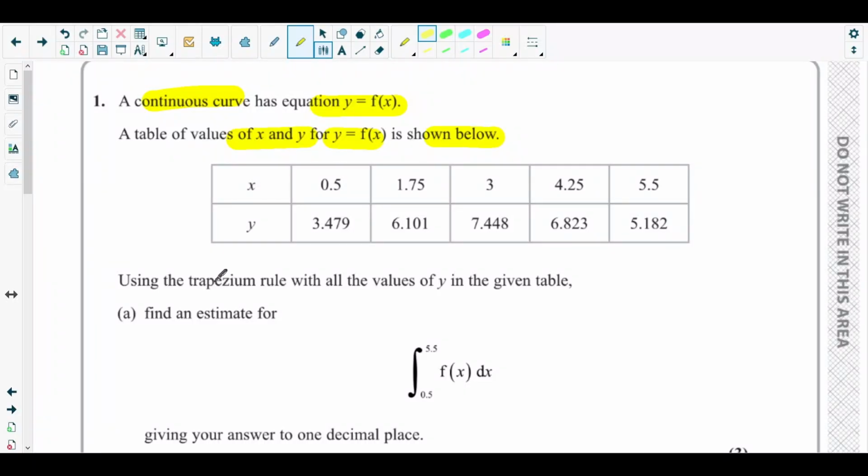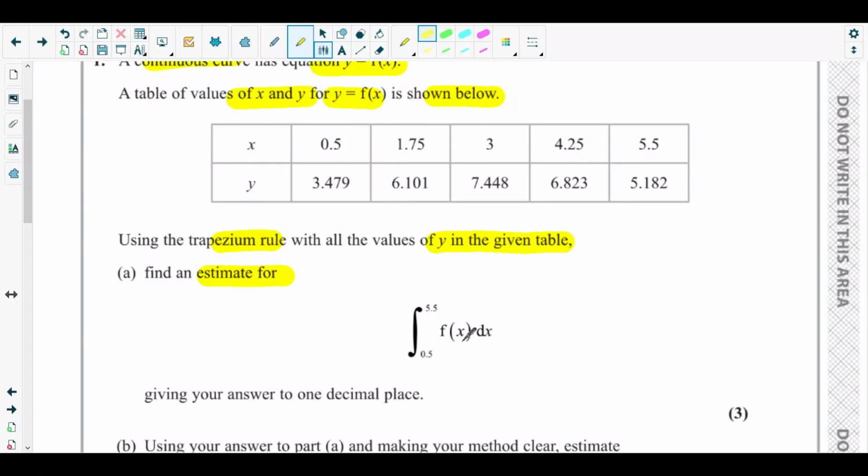Using the Trapezium rule with all the values of y in the given table, part A is asking to find an estimate for the integration of f of x dx from 0.5 to 5.5, giving your answer to 1 decimal place. That means we need to get a value for this integration.